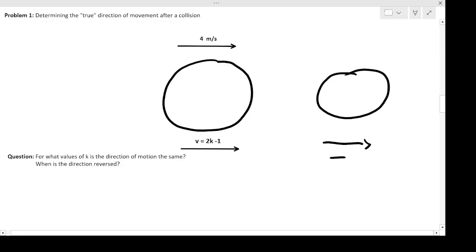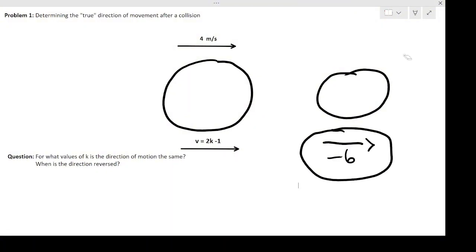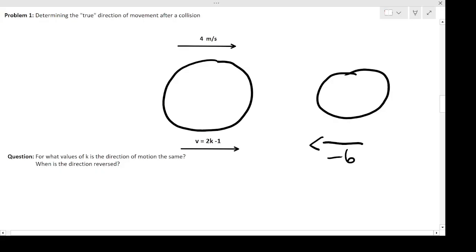So we could get, let's say, minus 6 for my velocity here. Now, if the velocity is minus 6, that tells me that if we were to flip the direction backward instead, it would then flip to positive. So when we have velocities here, if we flip the sign, it flips the direction.